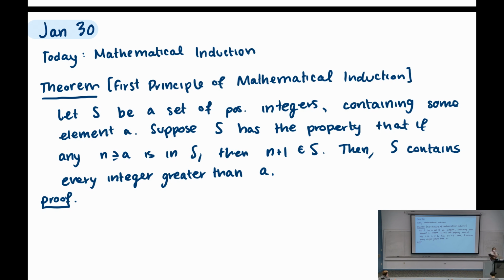So I hinted that we were going to use the well-ordering principle, and what we're going to do is apply the well-ordering principle to the complement of S. So let's just start off by supposing that S is a set that has this property.